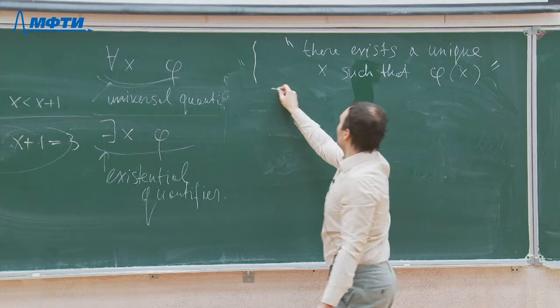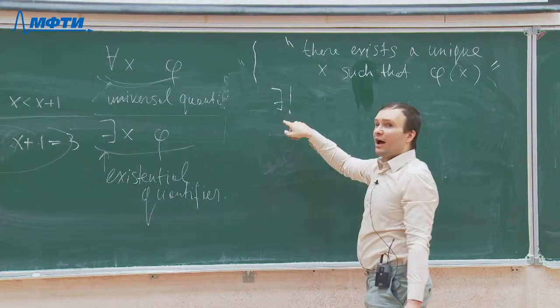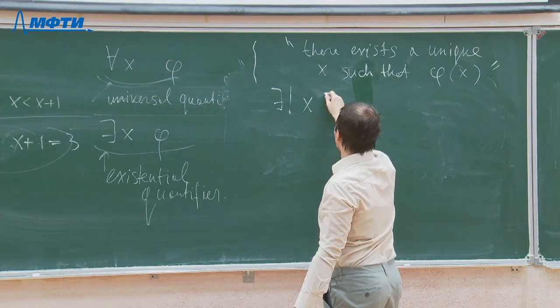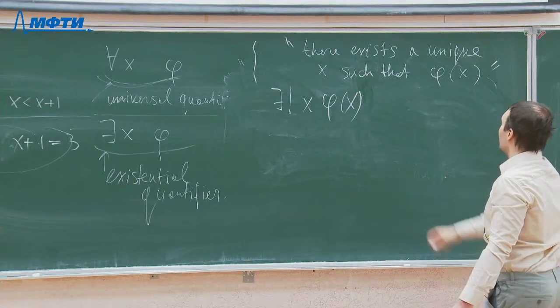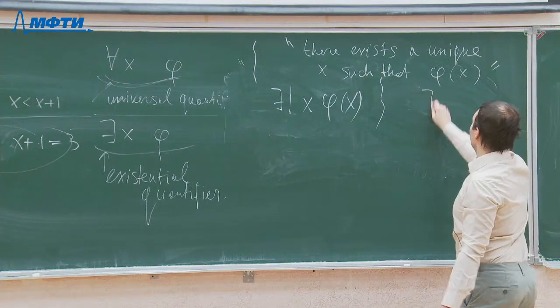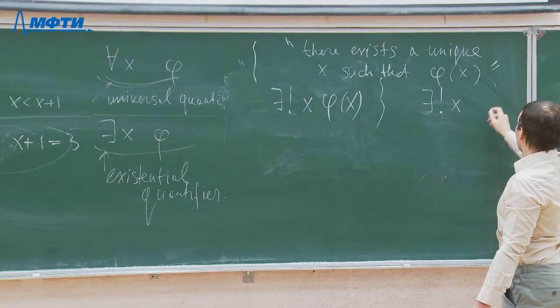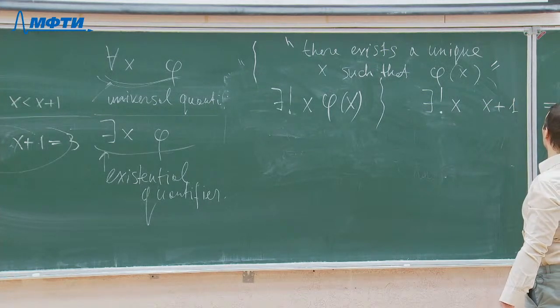This is usually denoted the following way: there exists, then we have an exclamation mark. There exists a unique x such that phi of x holds. For example, there exists just one x in naturals so that x plus 1 equals 3.